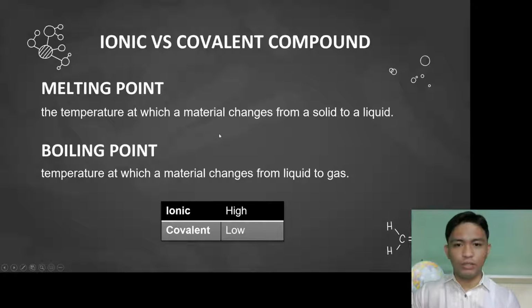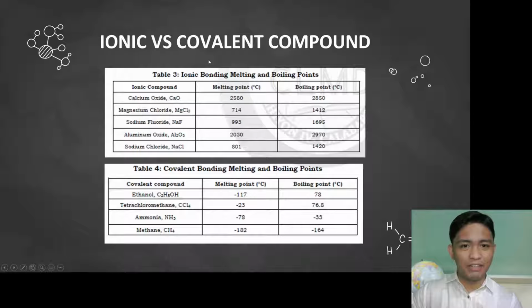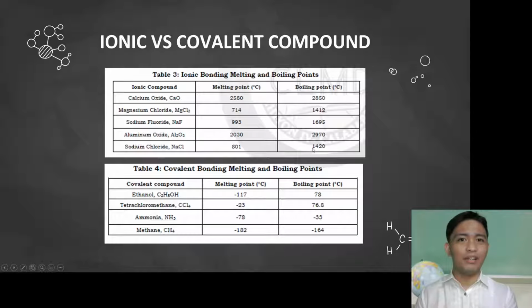Okay? So next, anyway, we actually have a table pala dito. For ionic compound, nakita nyo yung kanyang melting at boiling point, napakataas. Napakataas kasi mataas yung energy na kailangan para ma-break yung strong ionic bond between the atoms na bumubuo dun sa compound na yun.